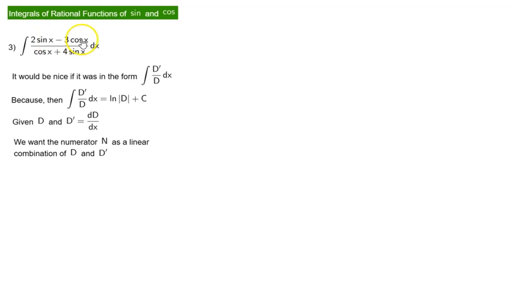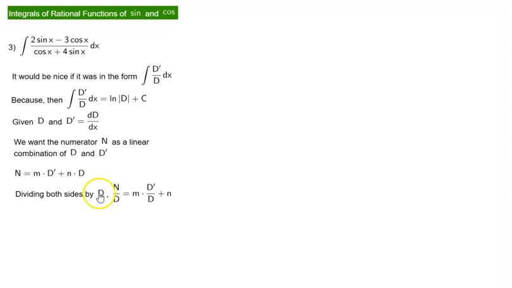So we want to convert this into a linear combination of d and d prime. That we do by using n is equal to m times d prime plus n times d. This is nothing but a linear combination of d and d prime.